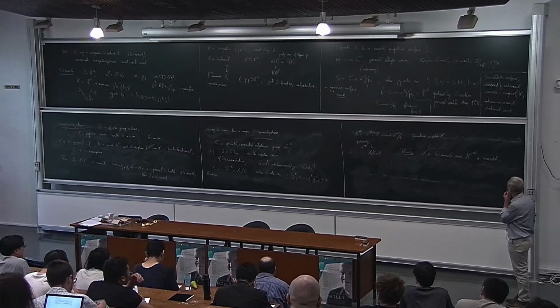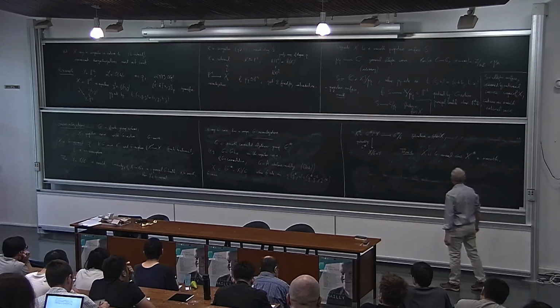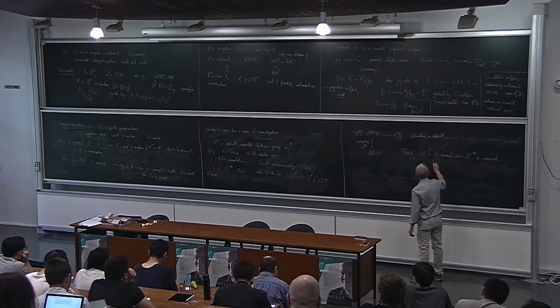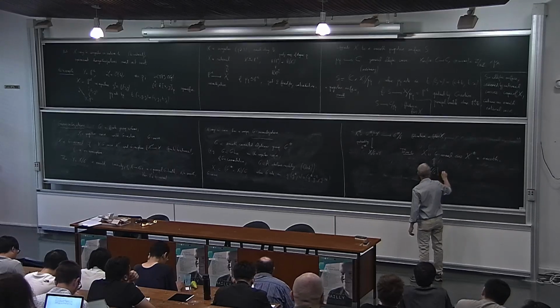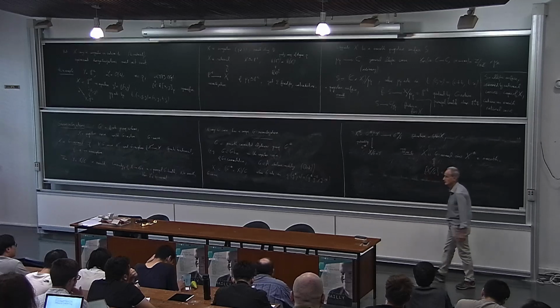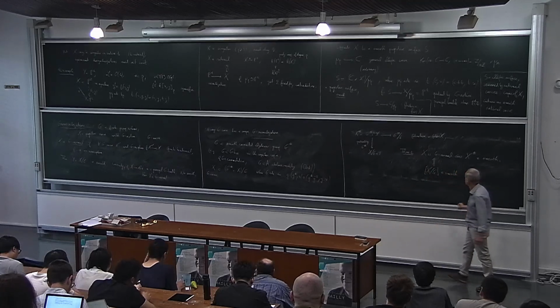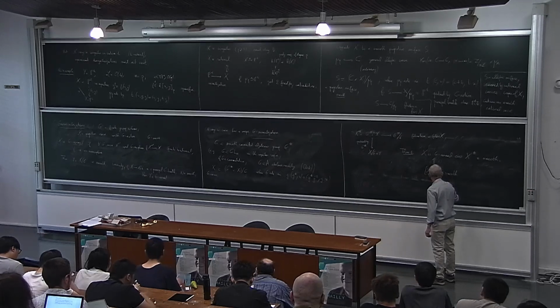So how to understand it? Well, there's a fancy version which says that the quotient stack is smooth. And the fact is, in this situation, this quotient stack is the quotient by G-check.